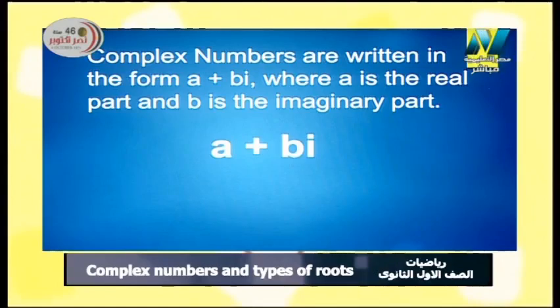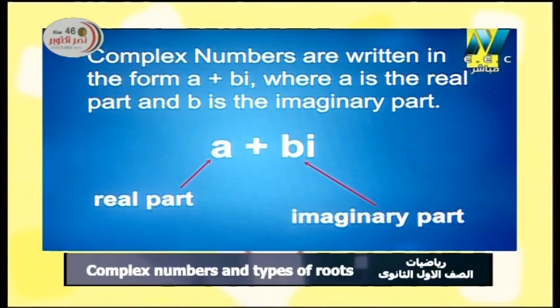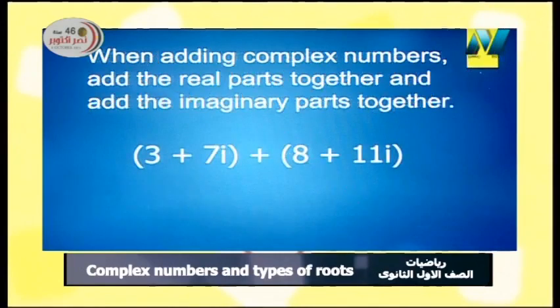A plus bi. Yes, a is a real number, b is an imaginary number or part, and when adding complex numbers, add the real parts together and add the imaginary parts together.